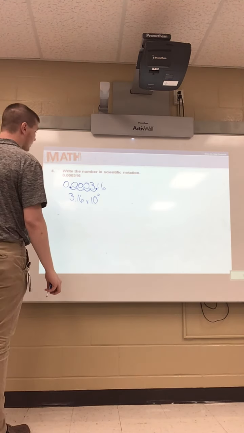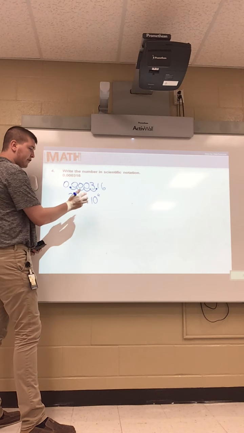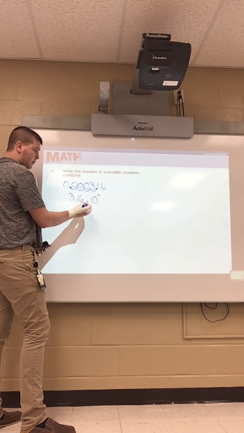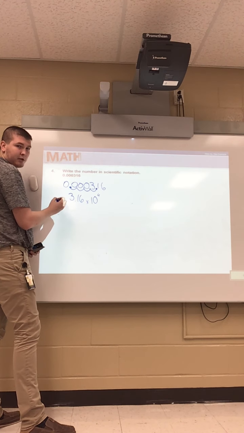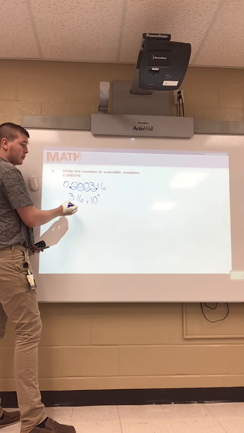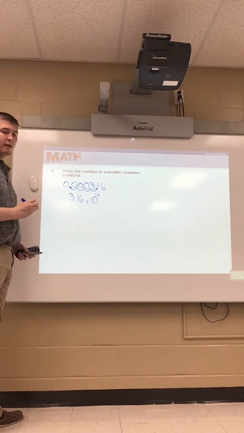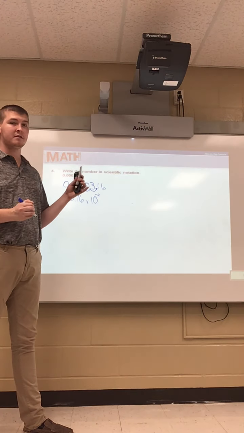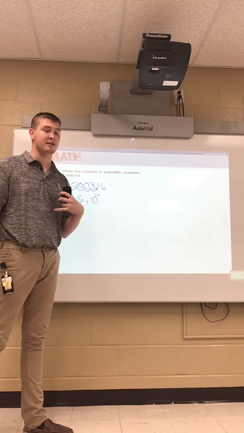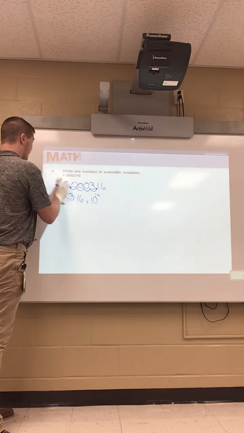Well, you went to the right, but if we started here and you looked at 4, would it be a positive 4 to get this number, or would you have to go to the left to get that decimal and it be negative? You go left, so it has to be a negative 4. Usually, whole numbers will make positive exponents, and decimals going into scientific notation will make negative exponents.